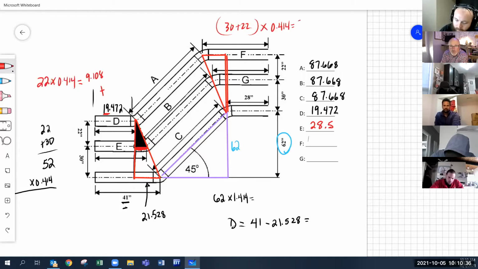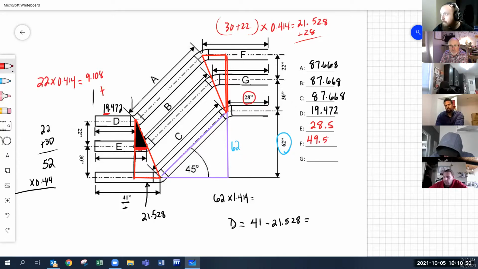So that is 21.528, and I add that to my 28 to get F. So F is going to be 49.528.